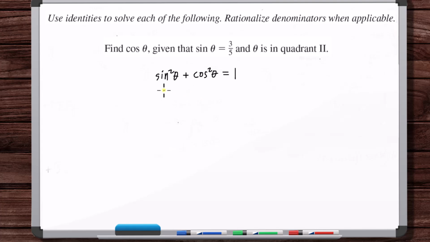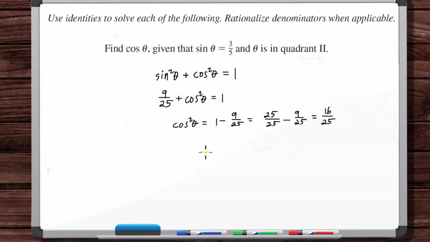Sine squared theta is 9/25, plus cosine squared theta is equal to 1. So cosine squared theta is 1 minus 9/25, which is 25/25 minus 9/25. That's 16/25. So cosine squared theta is 16/25.